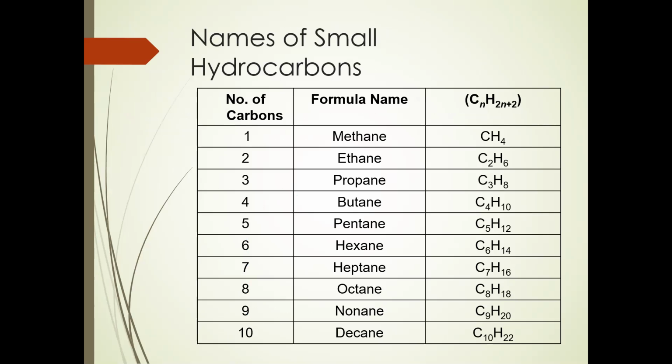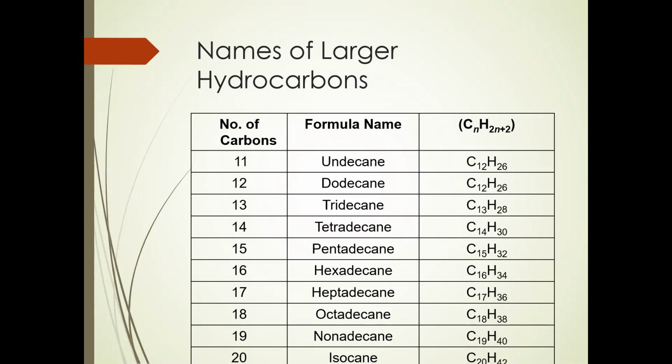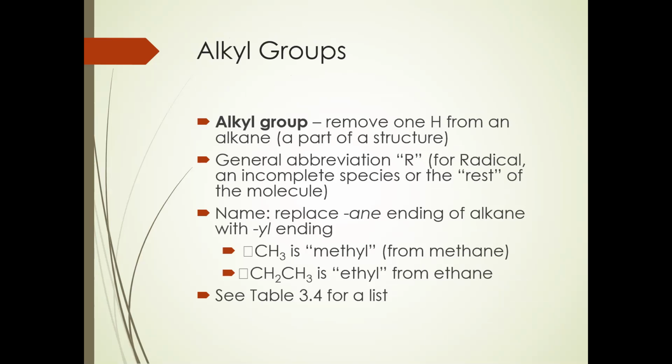As you can see, here's a table of the names of small hydrocarbons. And here are the names of larger hydrocarbons, which you're going to take at AS level if you take chemistry AS level. Alkyl groups. An alkyl group is formed by removing one H from an alkane, as a part of a structure. The general abbreviation is R, for radical and incomplete species, standing for the rest of the molecule.